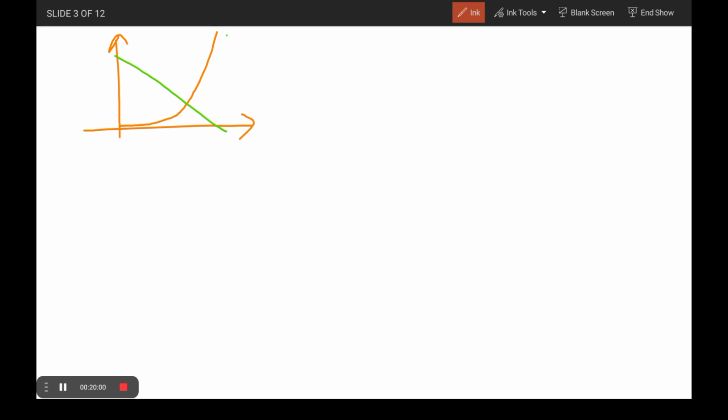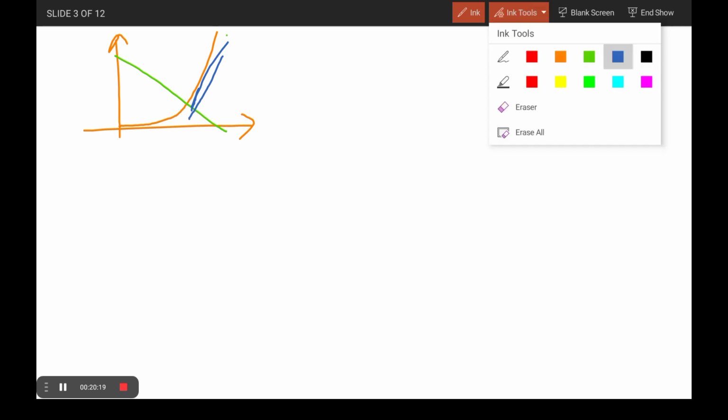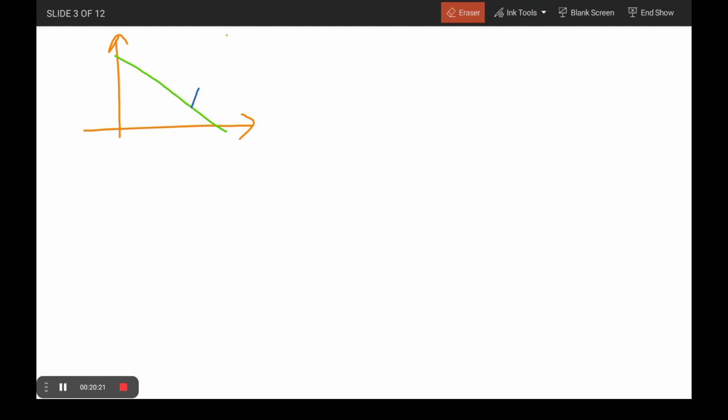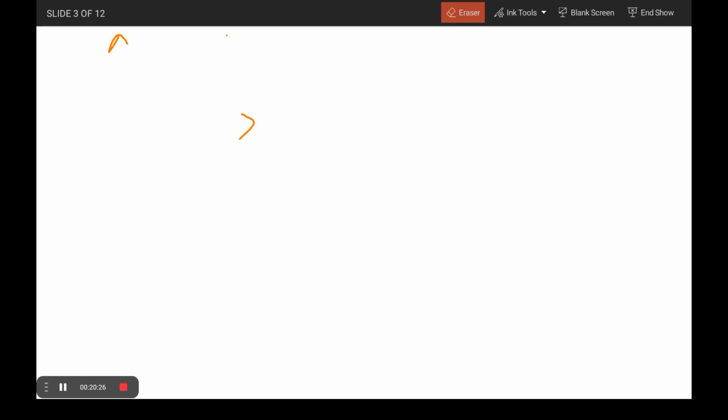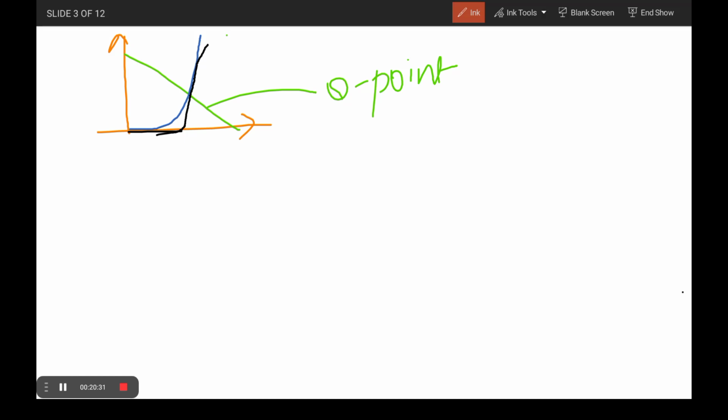If you draw the tangent to this line, you will get something like this.